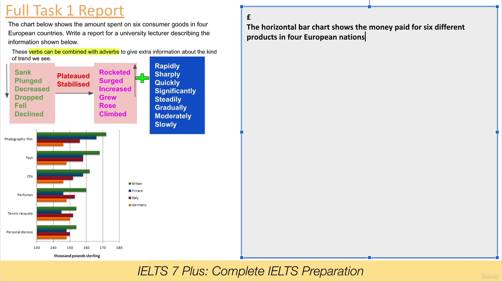Instead of countries, we can put nations. Okay, the horizontal bar chart shows the money paid for 6 different products in 4 European nations.